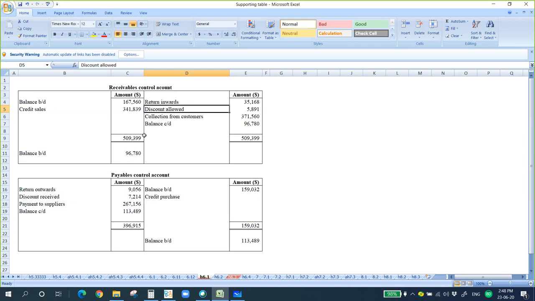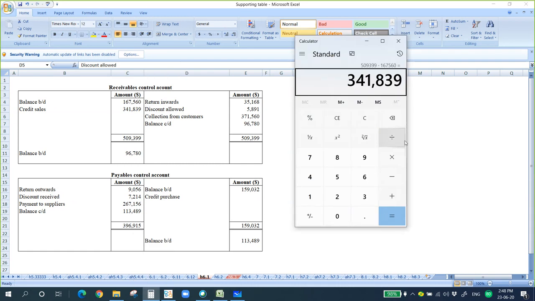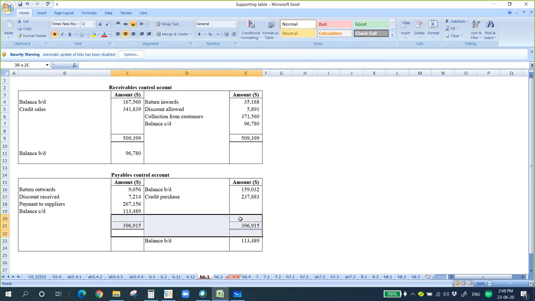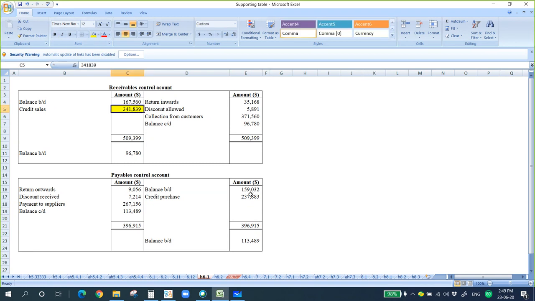Alright, that's why I set my assignment in Excel as well. So we look at this one. So we use 396,915 minus 159,032. So we get 237,883. And we balance the account as well. So this is the answer for your credit sales and credit purchase.